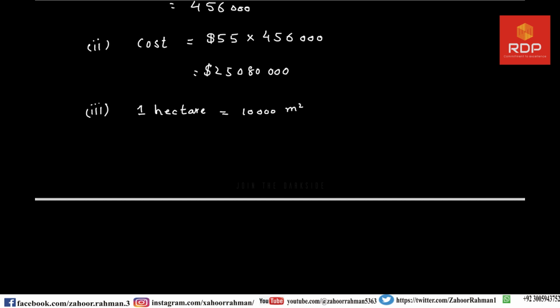Question is asking that the land area is 3 hectares and you have to find the cost. So 3 hectares will be equal to 30,000 meter square.